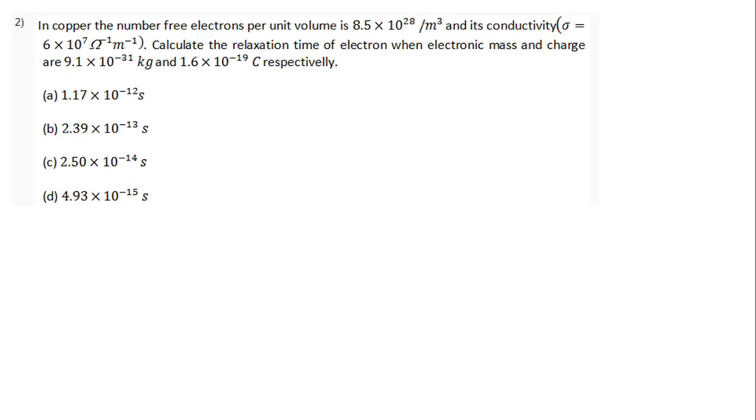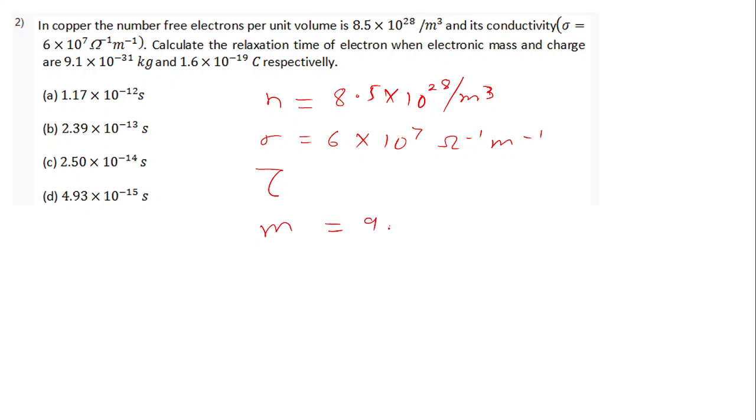Next question is, in copper, the number of free electrons per unit volume, that is the electron density or charge density, is given as 8.5 times 10 to the power 28 per meter cube, and its conductivity is 6 times 10 to the power 7 per ohm per meter. Calculate the relaxation time of the electron, where the electron mass is 9.1 times 10 to the power minus 31 kg.